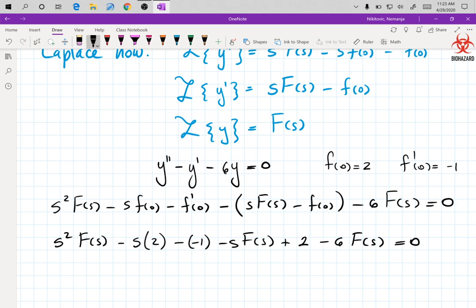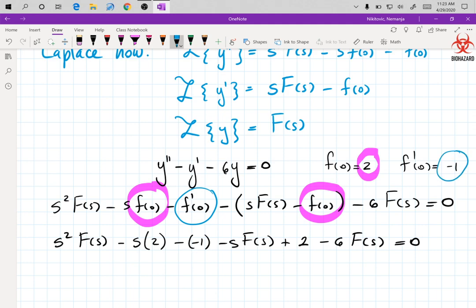So all I did is for every F of 0 I placed 2, because that's what F of 0 is. And for every F prime of 0, I placed negative 1.